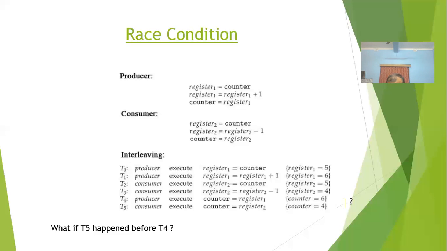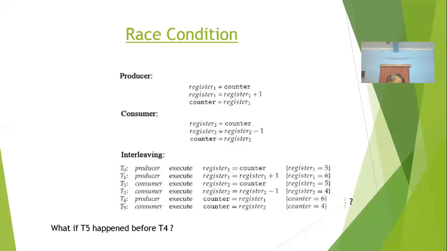Now at time t4, what happens? The producer executes the instruction counter equal to register 1. Now register 1 was earlier 6. That means now counter will carry the value 6. And at time t5, the consumer executes counter equal to register 2.